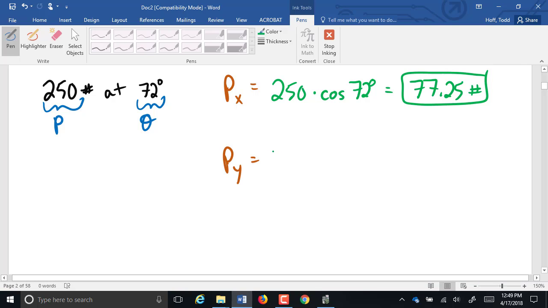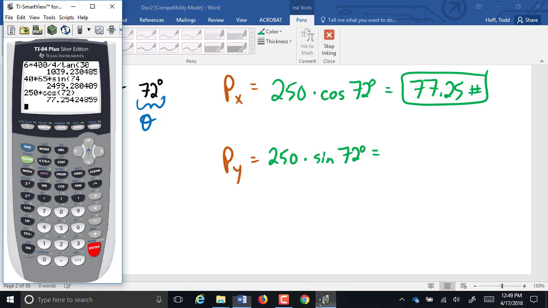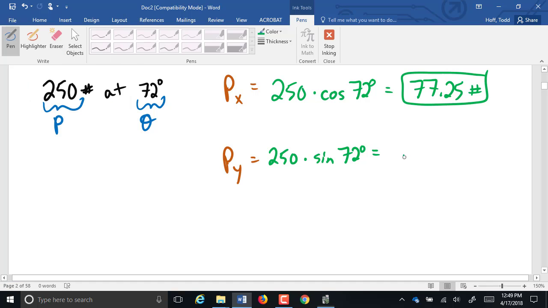P sub y is 250 times sine of 72. That gives us 237.76 pounds.